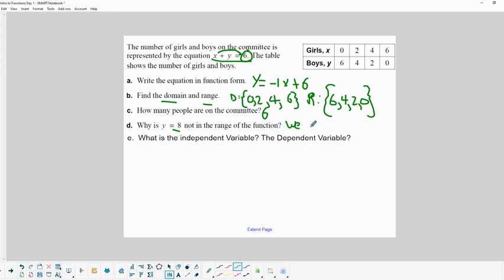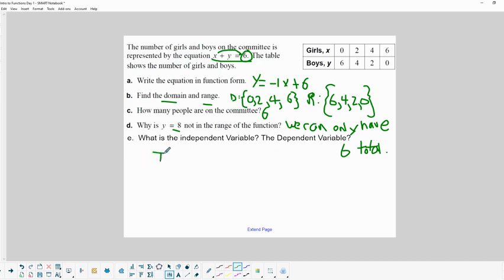We can only have 6 people, right, on this committee. 6 total people. So that's why 8 can't be on there, because it would take us above that total of 6.